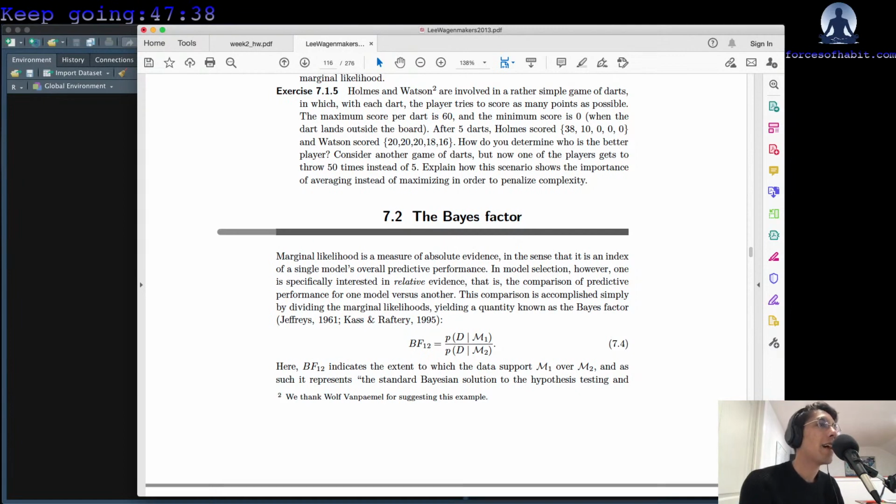But averaging and maximizing here. So in some case, these are instances of the likelihood, right? These are the data we observe. And if we just pick the one that was the maximum value, Holmes is the winner here. Holmes scored 38. But if you looked at Watson with respect to Holmes across a range of 5 instances, Watson's the better player.